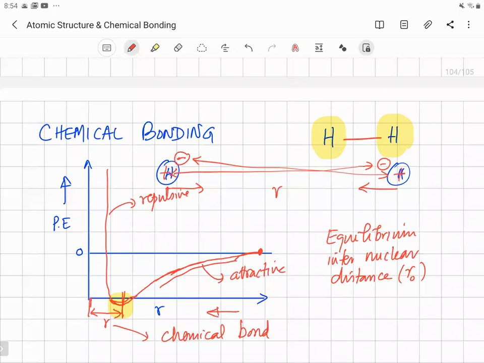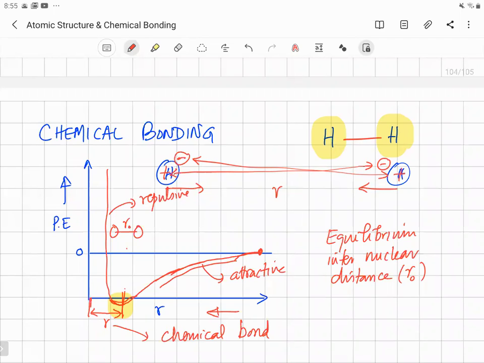At a particular point there will be a distance between the two hydrogen atoms, like this r, and that r is known as R0, the equilibrium internuclear distance. If we try to bring these two atoms closer than this R0, then repulsive force starts dominating, and the potential energy goes steeply higher.